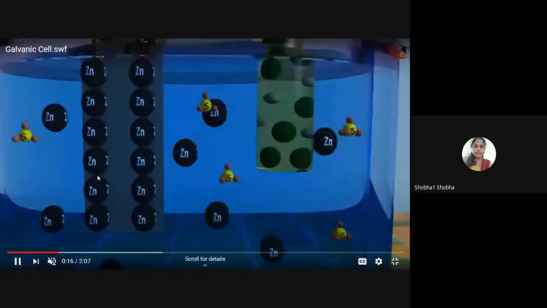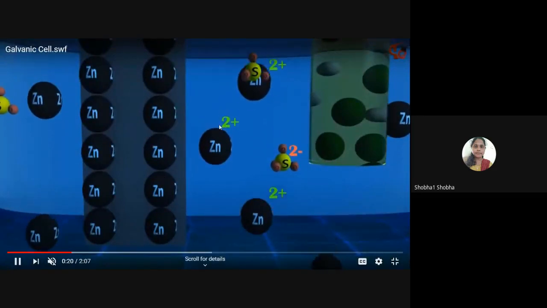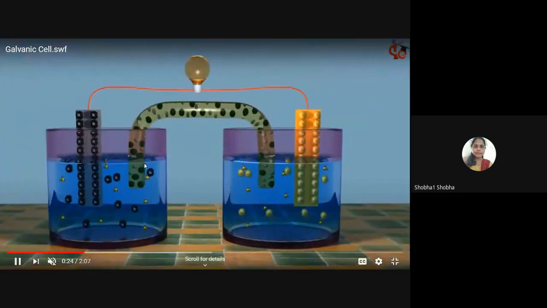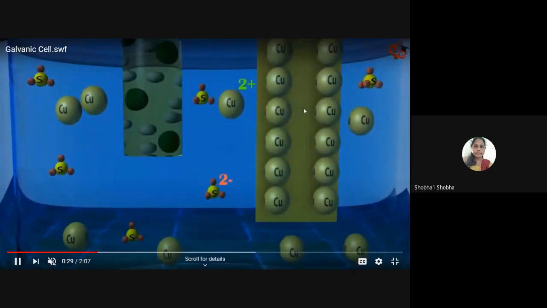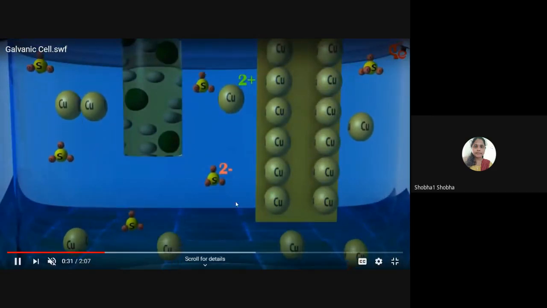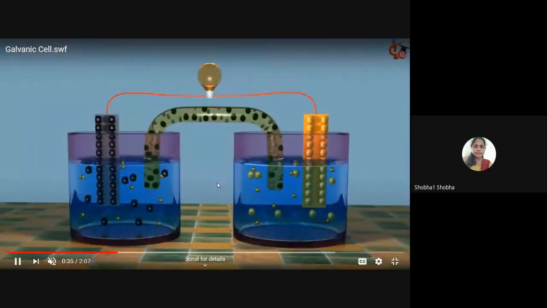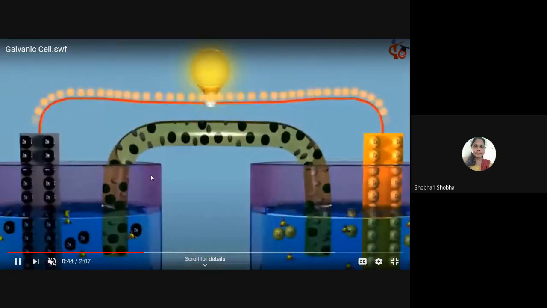Here the zinc strip has zinc atoms, whereas in the solution he has written zinc plus 2 and SO4 minus 2. And here in this solution, copper plus 2, and onto the strip, copper, with sulfate SO4 minus 2 again. Then this is the salt bridge represented here with Cl. They have taken NaCl, we have taken KCl, it doesn't matter.